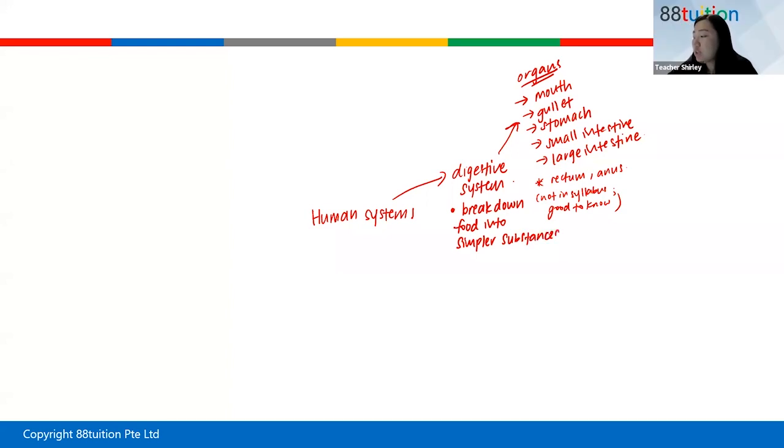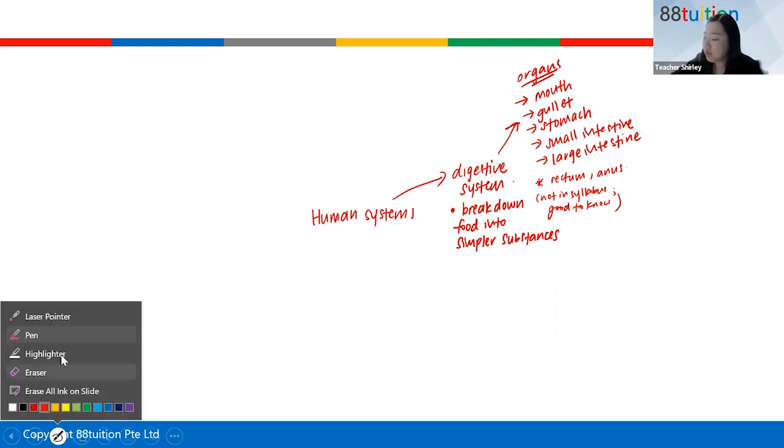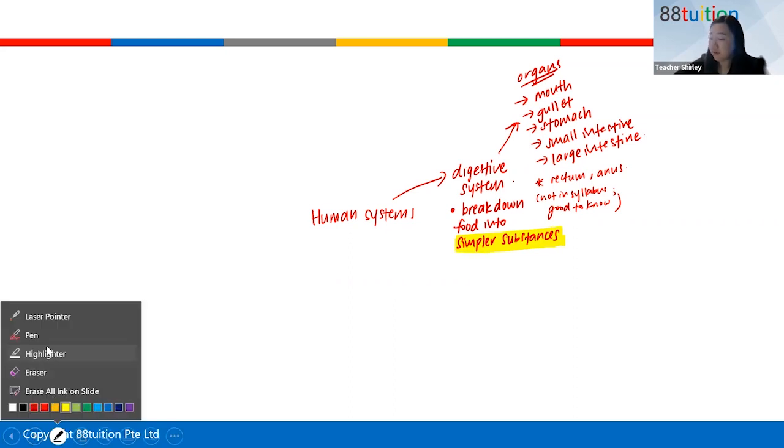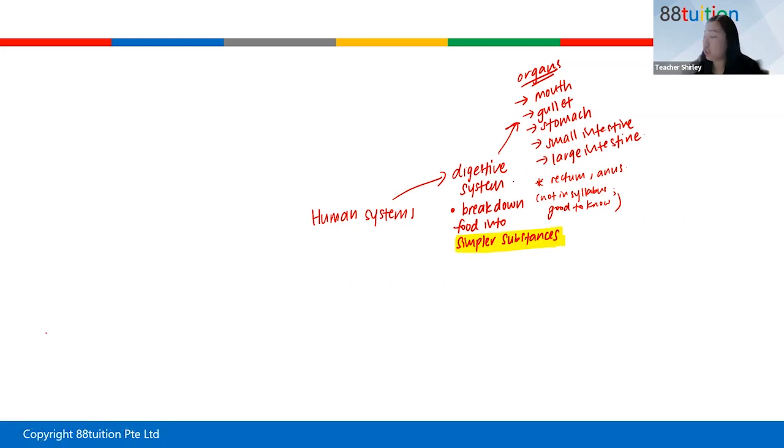I know a lot of you will say smaller pieces, but this is not the correct term to use. Digestion is a process whereby the food is broken down into simpler substances. So that's one of the functions. Breaking down food into simpler substances is the process of digestion.